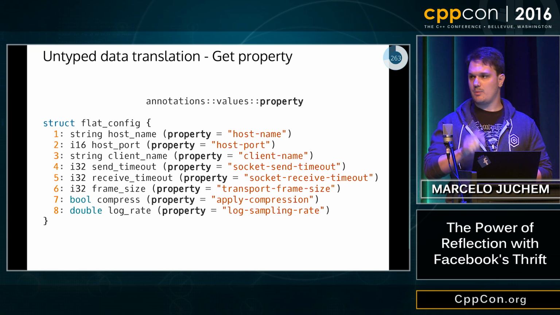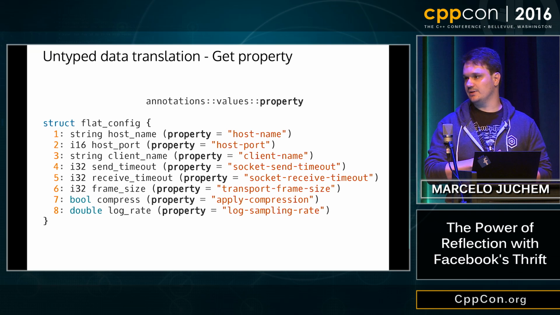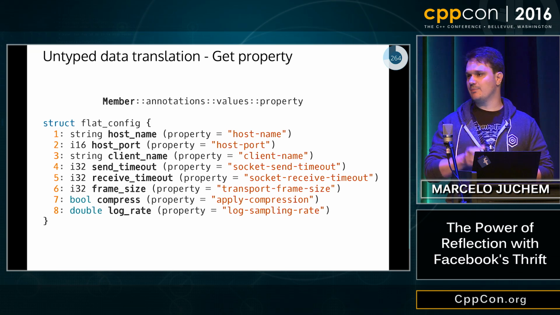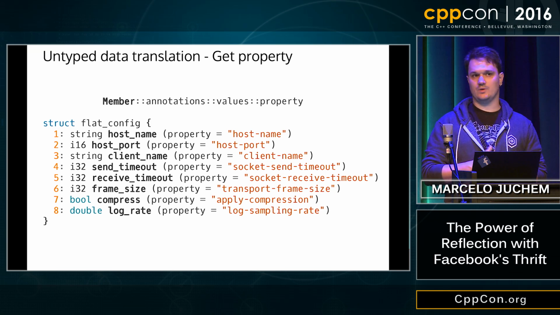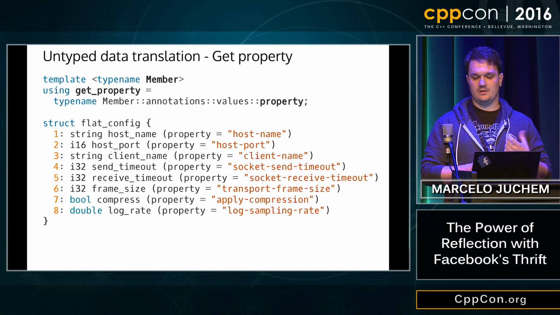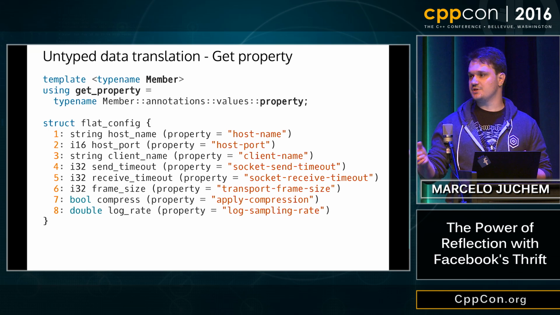We want the property annotation. This is the name of the annotation we want. We want to get the value associated to that from the member information itself, because that's what static reflection gives us. In order to do that, we write a meta function that says, given the member, return me the property associated with that member.